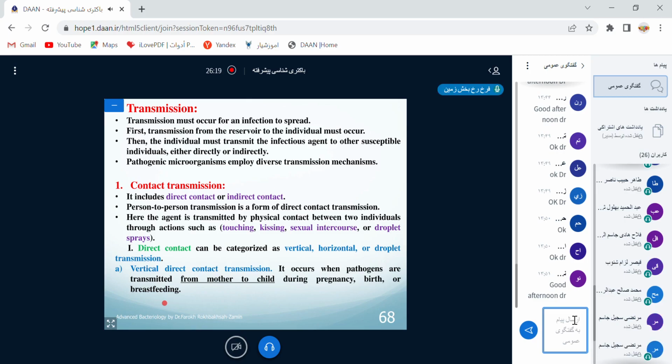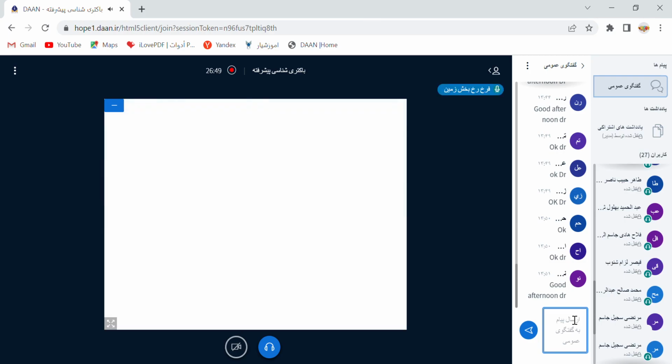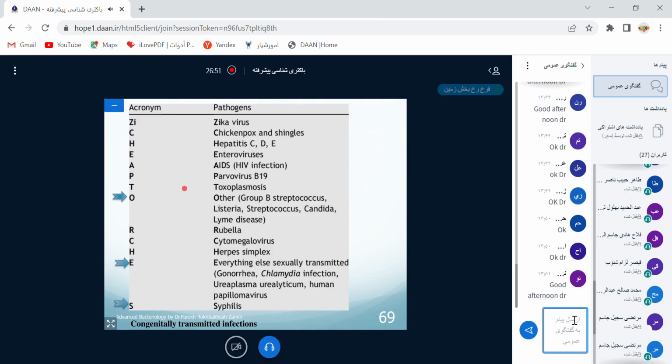Any time a fetus or a newborn has a very close relationship to the mother, any infection present in the mother can be transmitted to the fetus and newborn during pregnancy, during birth, or during breastfeeding. It is vertical direct contact transmission.